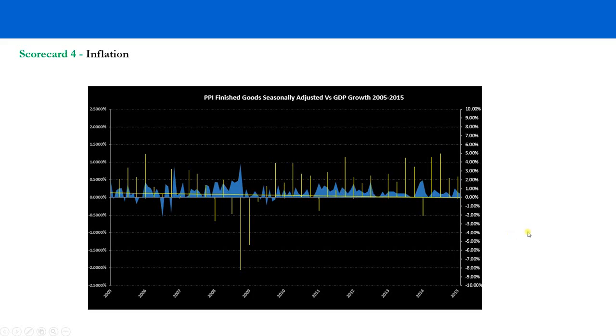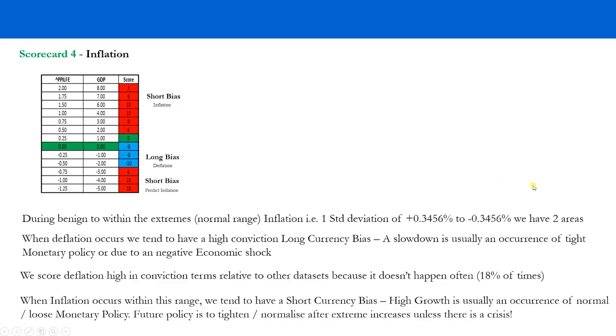So we're getting a full understanding here of how things work in terms of PPI X food and energy relative to levels of real GDP growth. And we're also getting an understanding of what levels of inflation, PPI X food and energy, are associated with certain levels of real GDP growth.